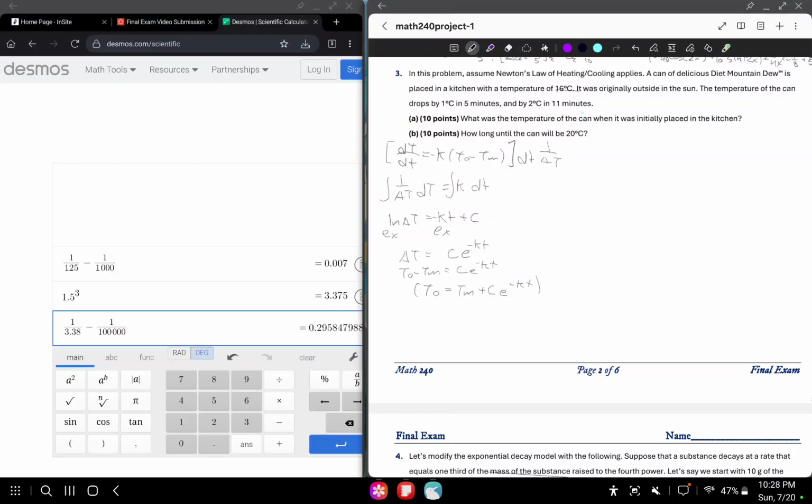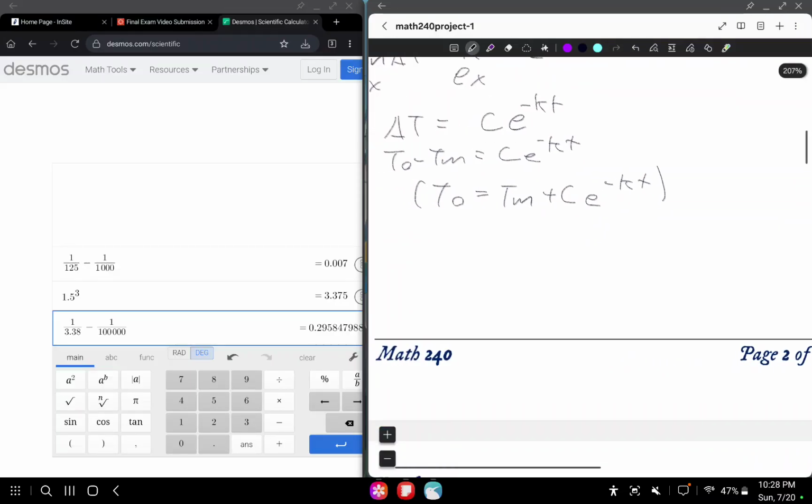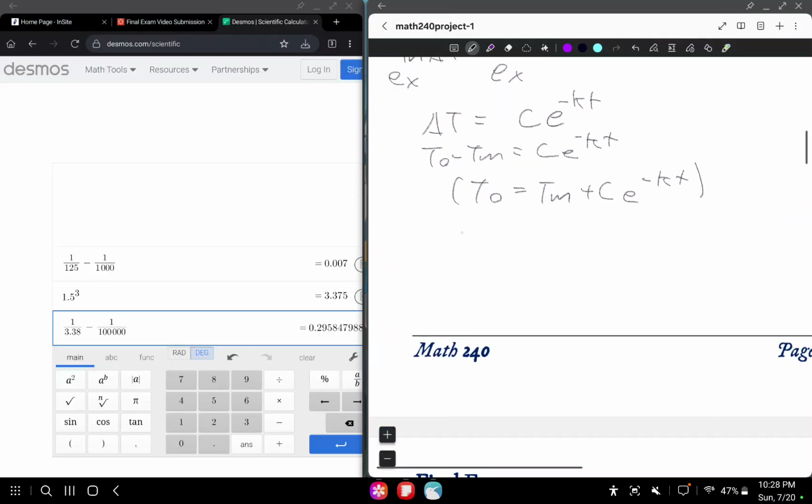Wouldn't this be 0? This should be 0. So we're solving for the constant first, we're not solving for k yet.